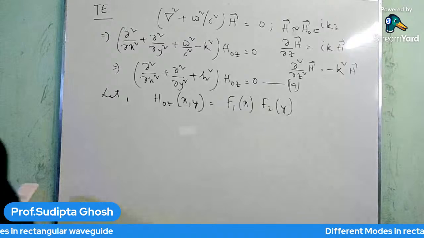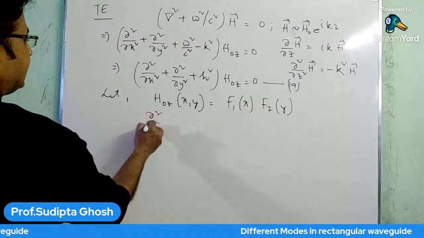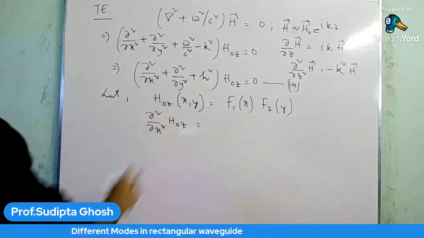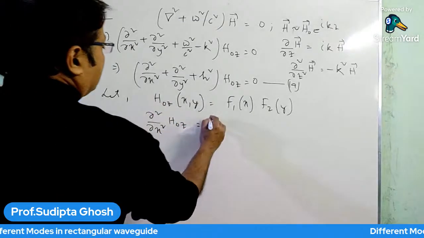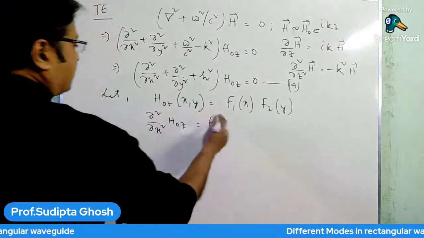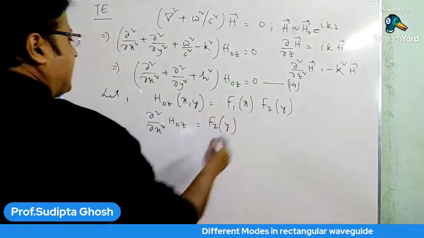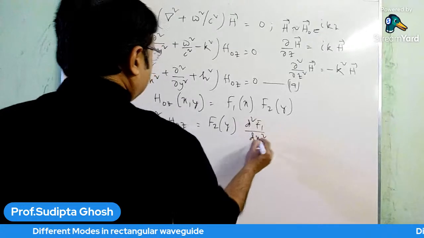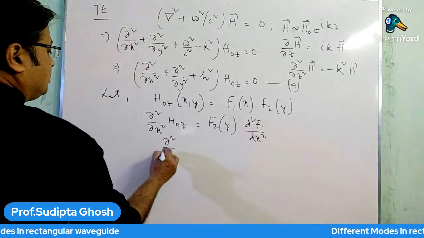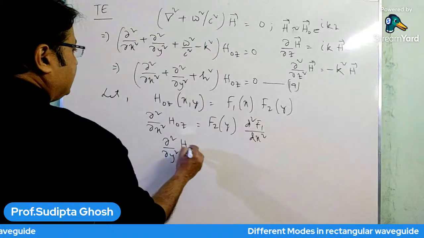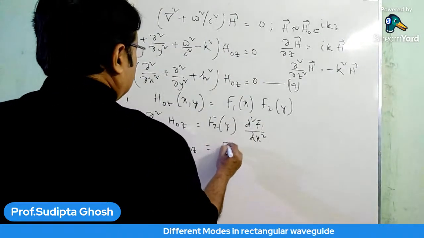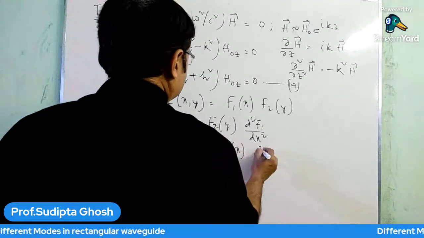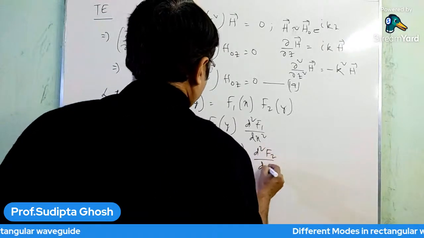Now let us find the value of del 2 del x2 of HOZ. Keeping f2y constant, it will be f2 times d2 f1 dx2. And del 2 del y2 of HOZ, keeping f1 constant, will be f1 times d2 f2 dy2.